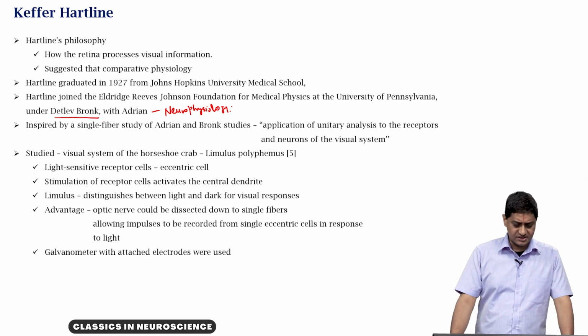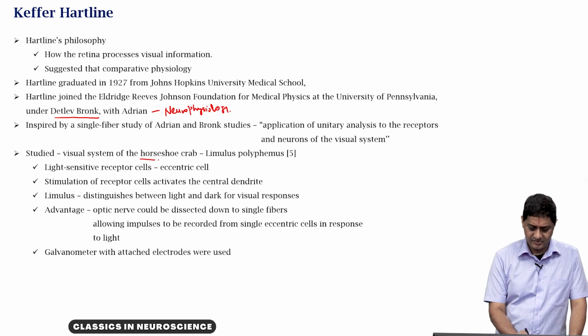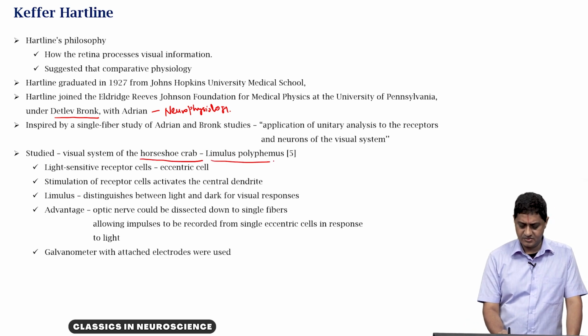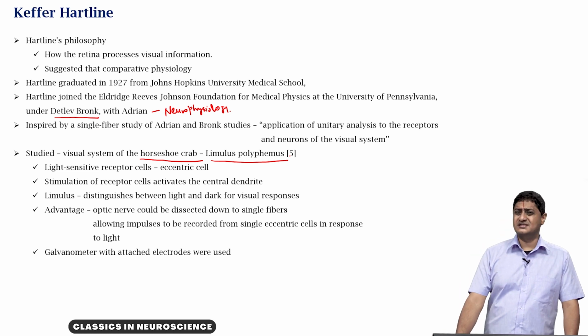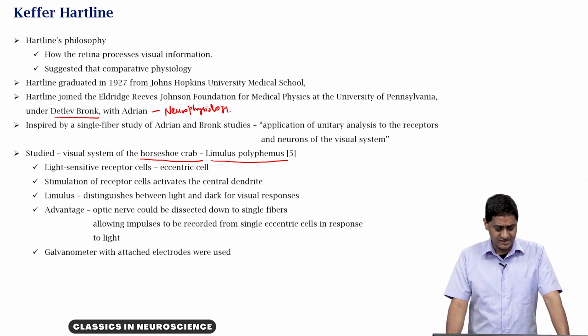He took the model system, the horseshoe crab, Limulus polyphemus, and he studied how the visual system in the horseshoe crab worked. It turns out that this is a relatively simple model system.